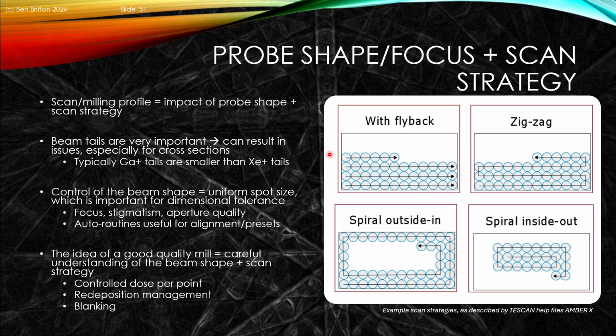So once you've got that nice beam, effectively to get a good quality mill of your surface, you just want to have a careful understanding of the beam shape and scan strategy. Here you want to control the dose per point. That's important. Imagine that you're on the beach digging a hole and you want to dig a big trench. Do you dig for 10 minutes at each point, or do you dig for 1 minute, move to the next point and go through and then repeat your digging process?